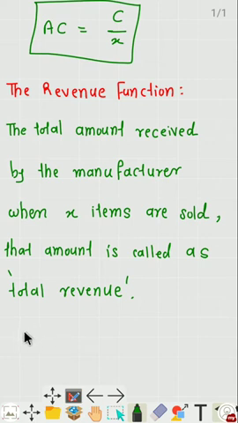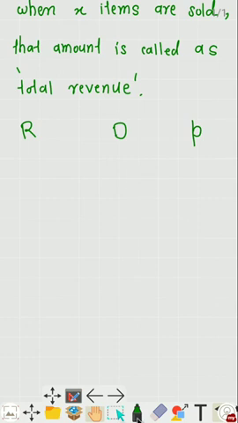If I denote the notation for total revenue by R, then it is a function defined in terms of demand D and the price P. If D units are demanded with the selling price of P per unit, then the total revenue function R is given by the formula R is equal to P into D. P is the price and D is the total items demanded, and P is the price of each item.